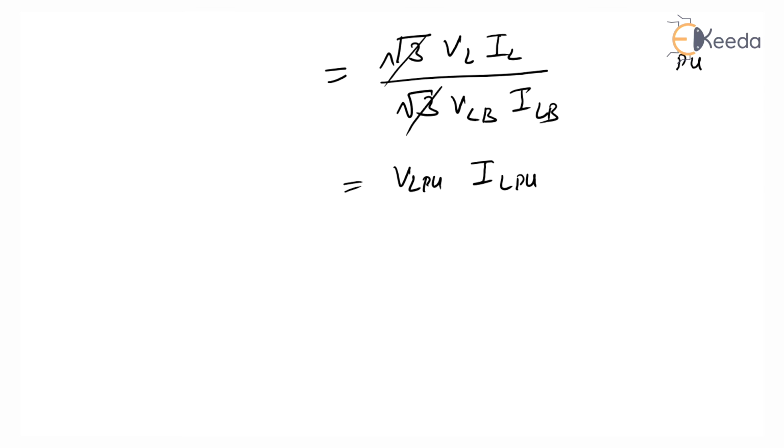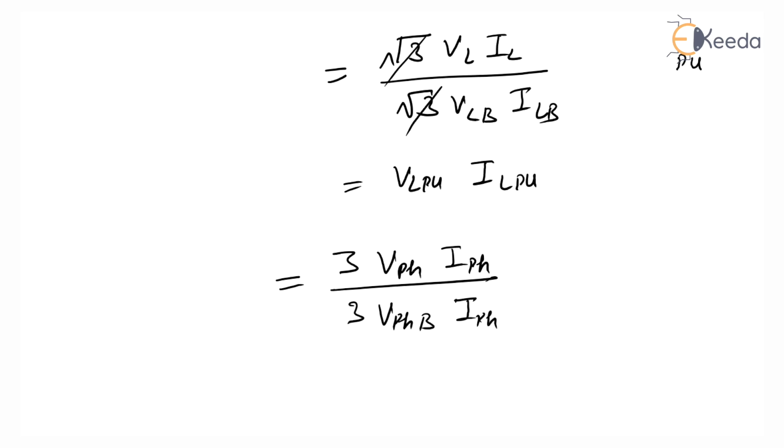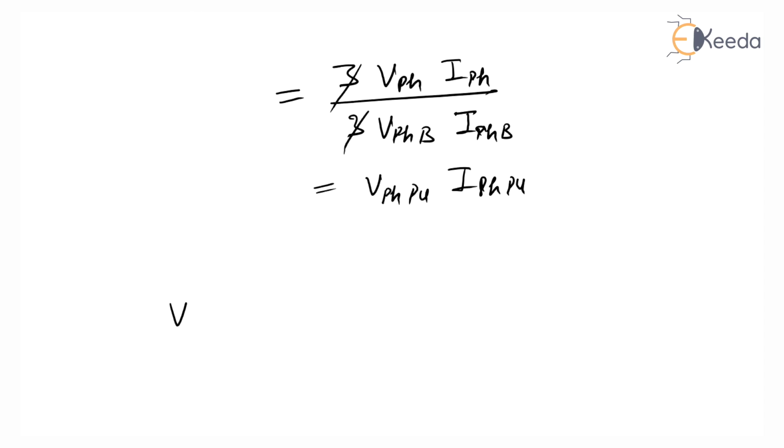So this is for line. Now for phase, it is equal to 3 phase voltage, phase current upon 3 V phase base I phase base. So this 3 cancels out, and it is equal to V phase per unit into I phase per unit. So from this we can see that line voltage per unit into line current per unit is equal to phase voltage per unit into phase current per unit.